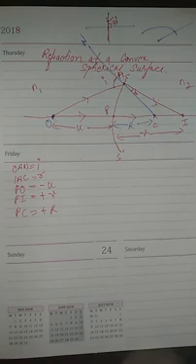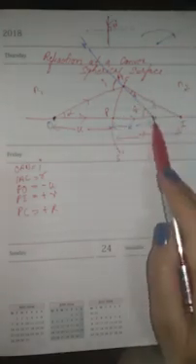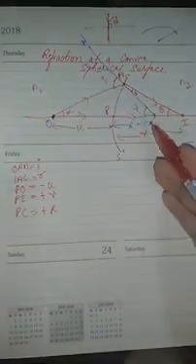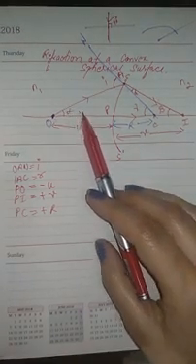So now we will consider angle alpha, that is the angle between incident ray and the principal axis. This is angle gamma, angle between principal axis and the normal. This is angle beta, angle between principal axis and the refracted ray. Okay, so first is angle alpha, angle between principal axis and the incident ray.